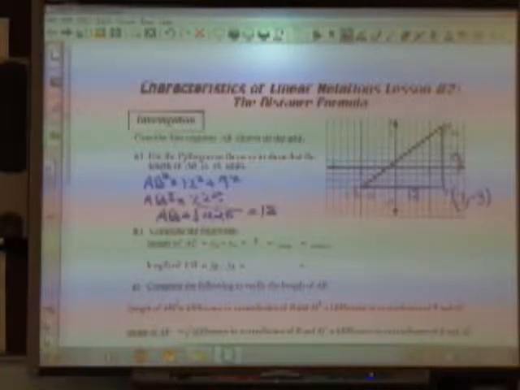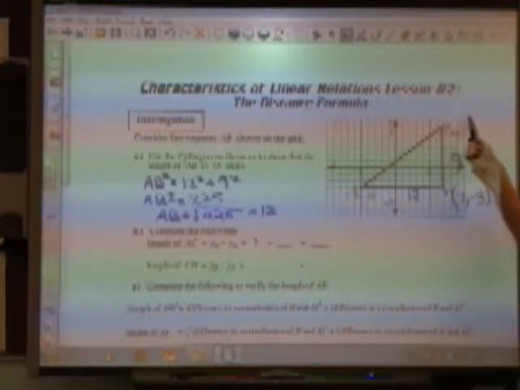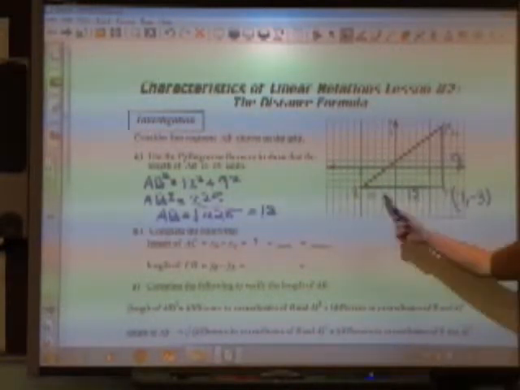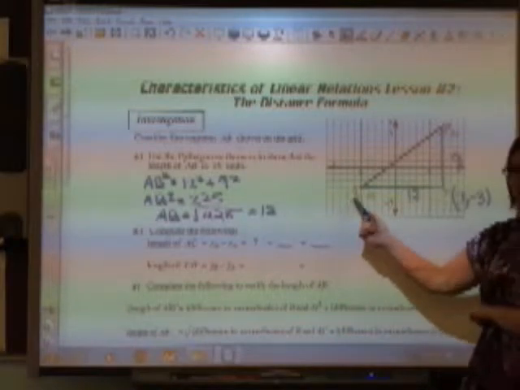So if I look at the coordinates of A and C, what do you notice? The y coordinates are the same. And if I look at C and B, the x coordinates are the same. So from the last class, if we had coordinates of a horizontal line, we subtracted the right coordinate by the left coordinate.